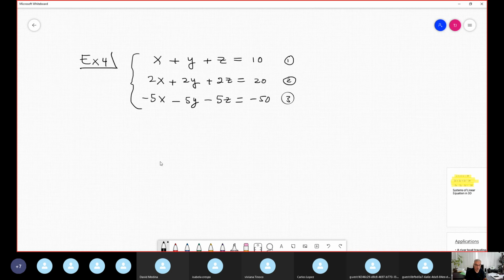Therefore, remember the formula. To get the solution object, you have the number of variables, okay, obviously in this case 3, no? 3 variables x, y, and z, minus the number of equations.